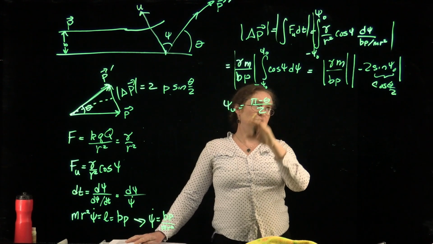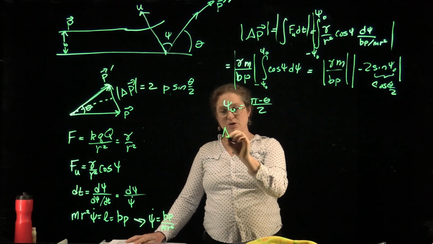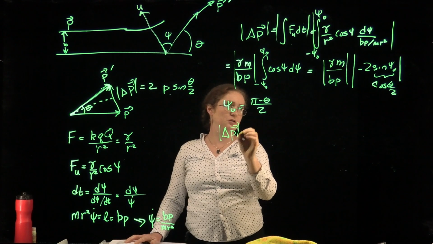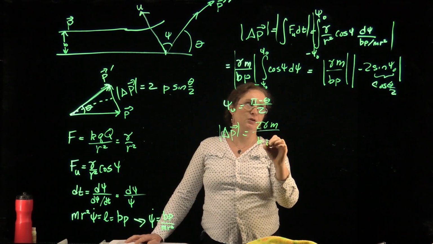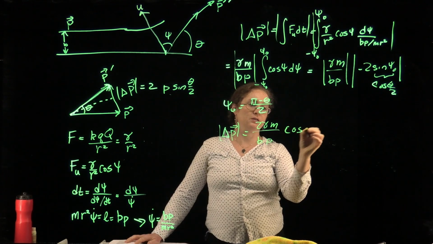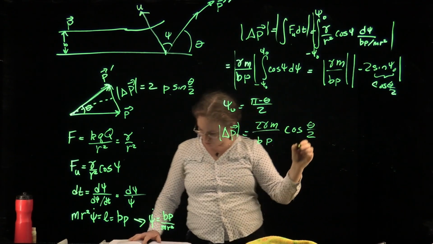That is just some dumb trig identities. So the change in momentum is 2 gamma m over bp cosine theta over 2.